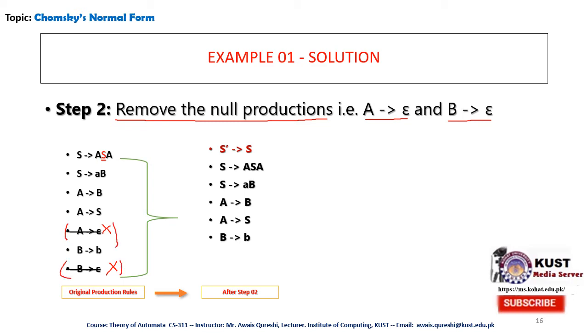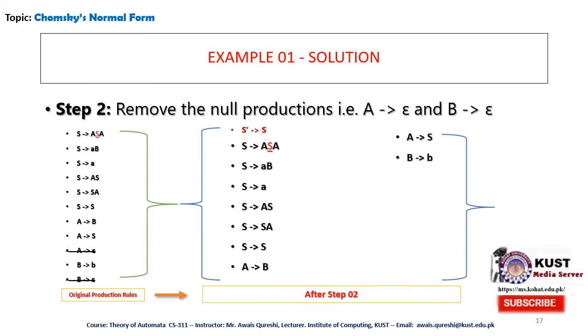And after that we will retain the first rule and this one, and S is equal to B and this one and this one and this one. The third, remove the null productions. We have removed the epsilon productions, but we have also seen that after doing this step the remaining substrings are as follows.